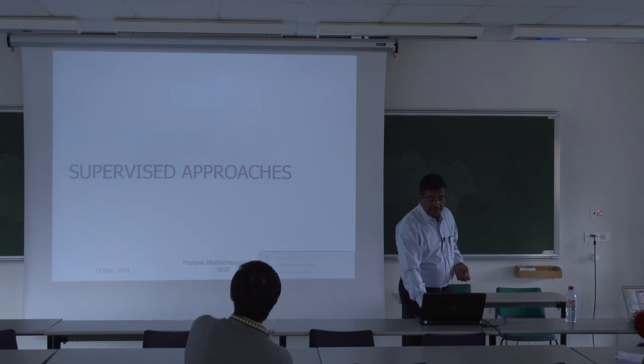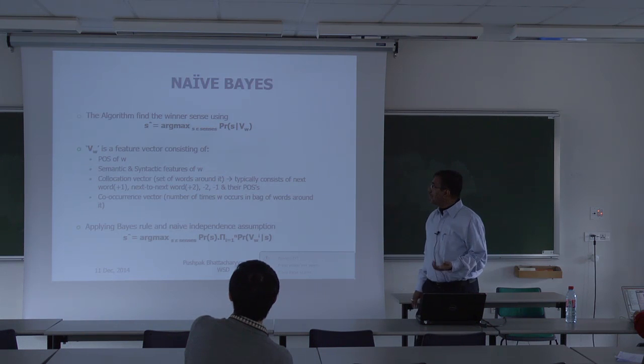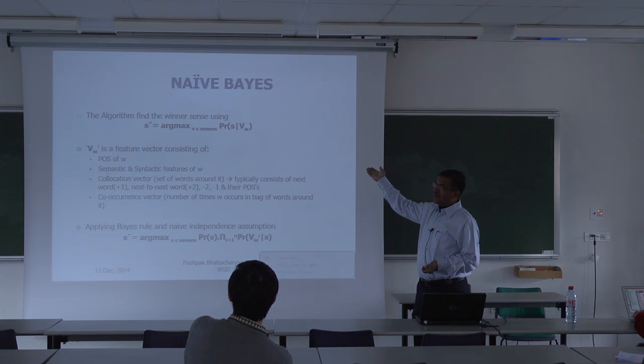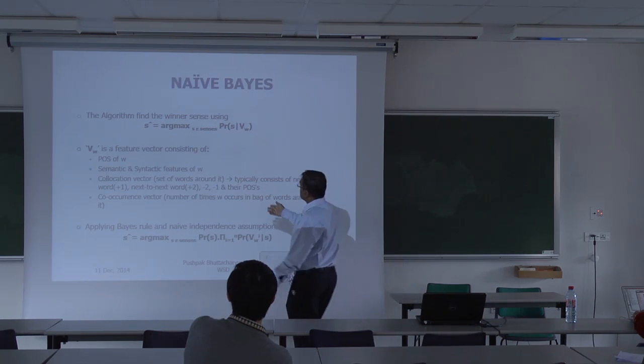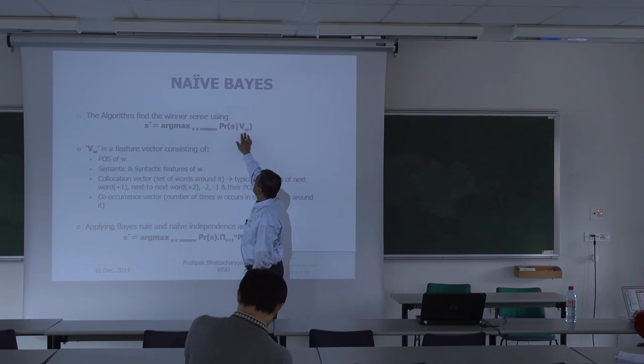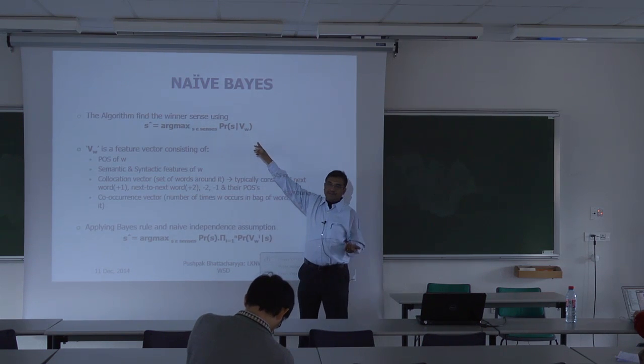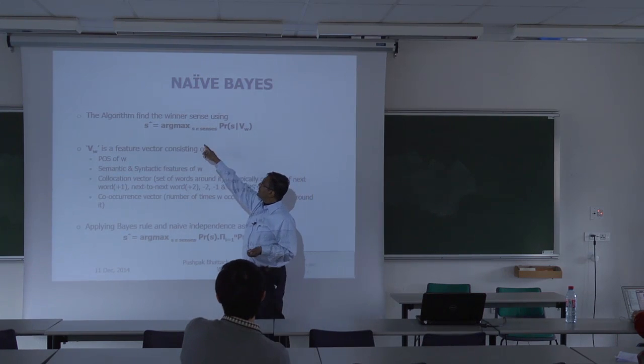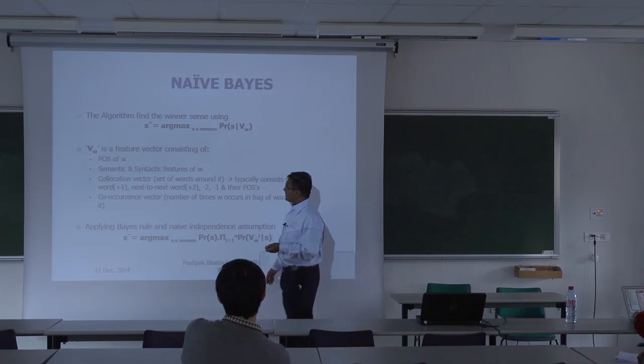In supervised approach, again there are many known algorithms. One is based on naive Bayes. This also makes use of the argmax idea. The best possible sense is obtained from the probability of the sense given the feature vector of the word. The best possible sense comes from an argmax computation.